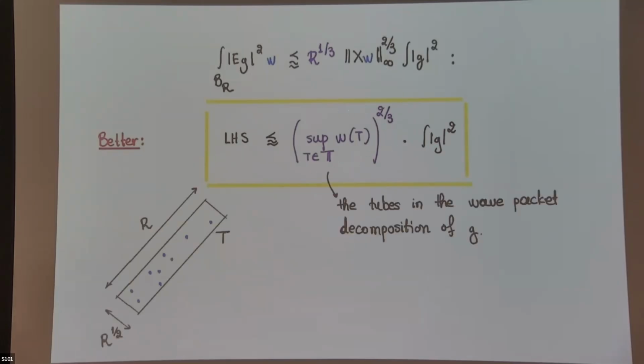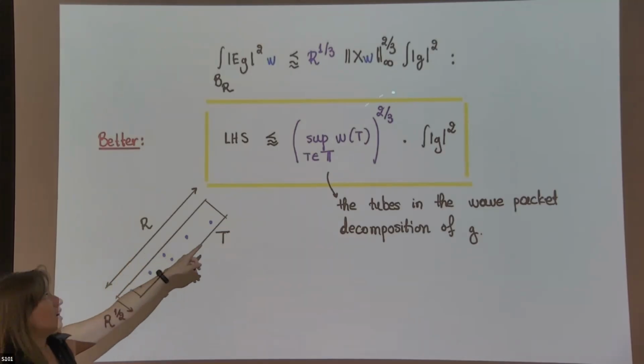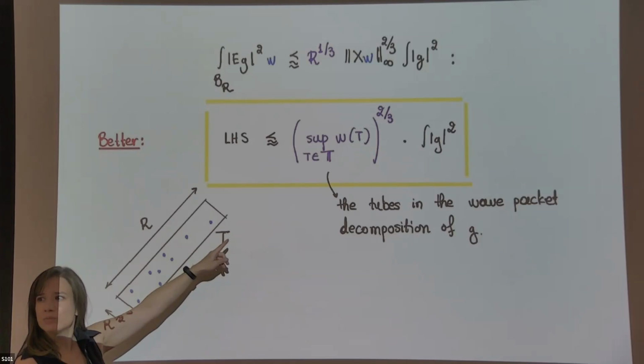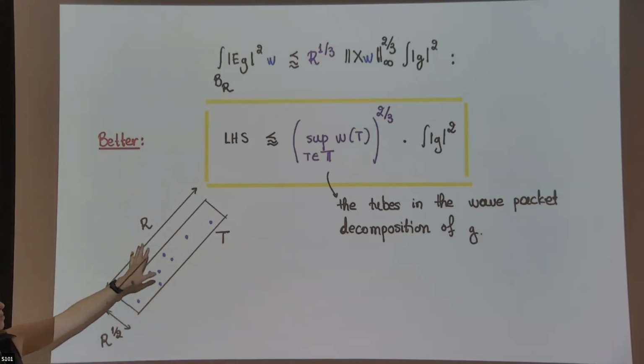These are cubes. The cubes actually appearing in the wave packet decomposition of the function g. So whatever cubes you have there, those are these cubes. And this is the weight in the cube, the integral of the weight in each cube. Okay? So you look at all those cubes and you look at the one with the maximal weight occupancy, and you calculate the weight there and you raise that to 2/3. That's the loss.